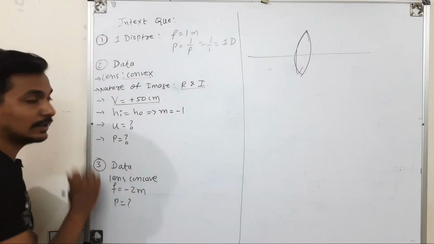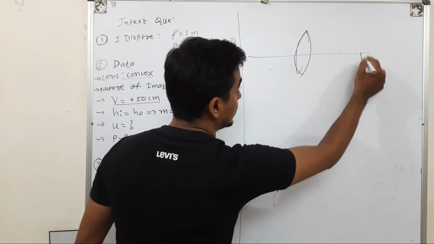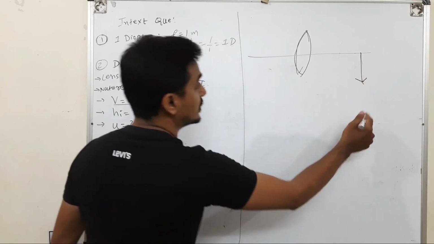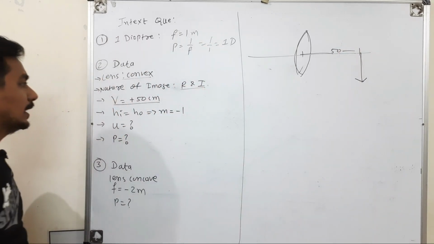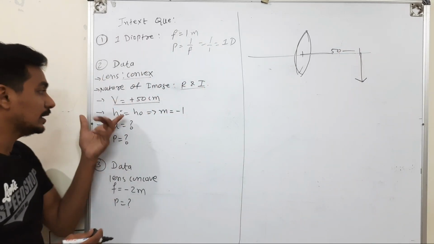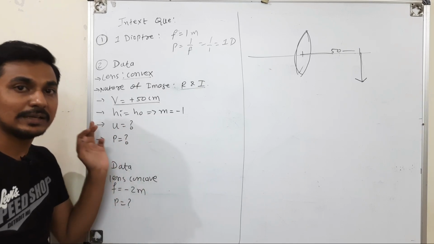And hence we have taken it as plus 50. So suppose this is the image distance, which is plus 50 from the lens, and it is also given that the height of the image and the height of the object, that is the size, are the same.